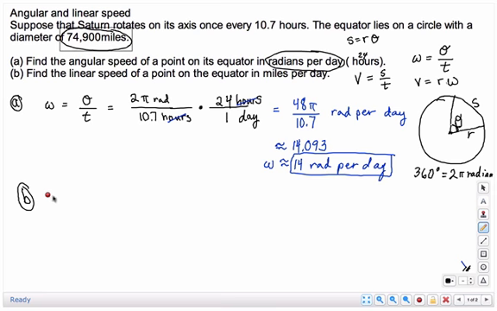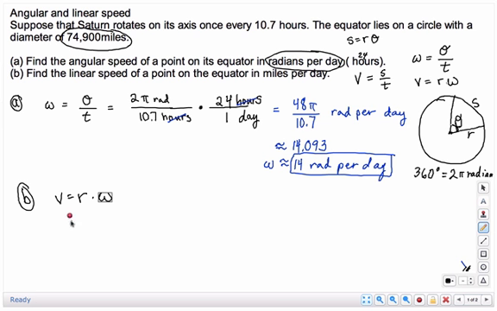Since we already know the angular velocity, let's use this formula right here: the linear velocity equals the radius times the angular velocity.